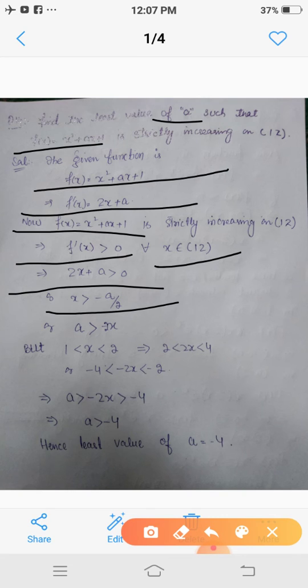But this is true when x is greater than 1 and less than 2, because x belongs to the open interval 1, 2. When we multiply this inequality by 2, we get 2 less than 2x less than 4. Multiplying by minus 1 and reversing the inequality, we get minus 4 less than minus 2x less than minus 2.